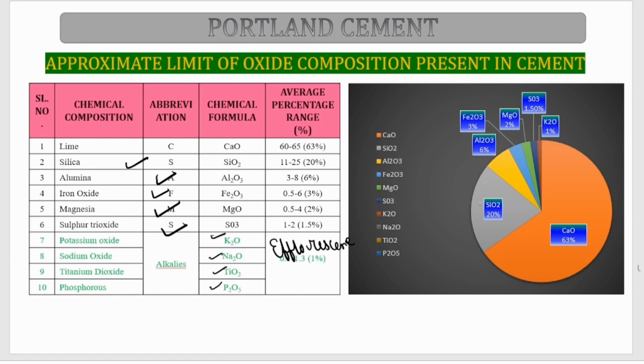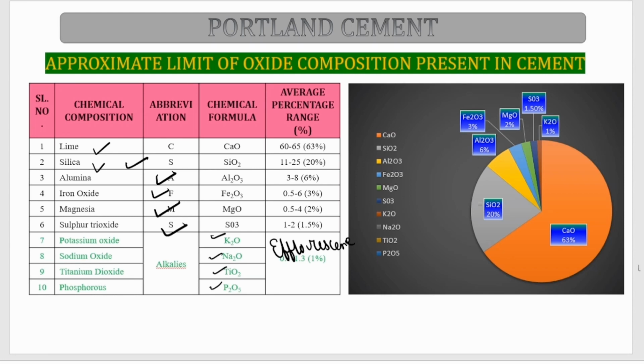So, if we summarize this entire table, I can say lime and silica are generally responsible for the strength of the cement. Alumina is always in a hurry, and as soon as it sees water, it wants to react, and due to this, the strength is reduced.